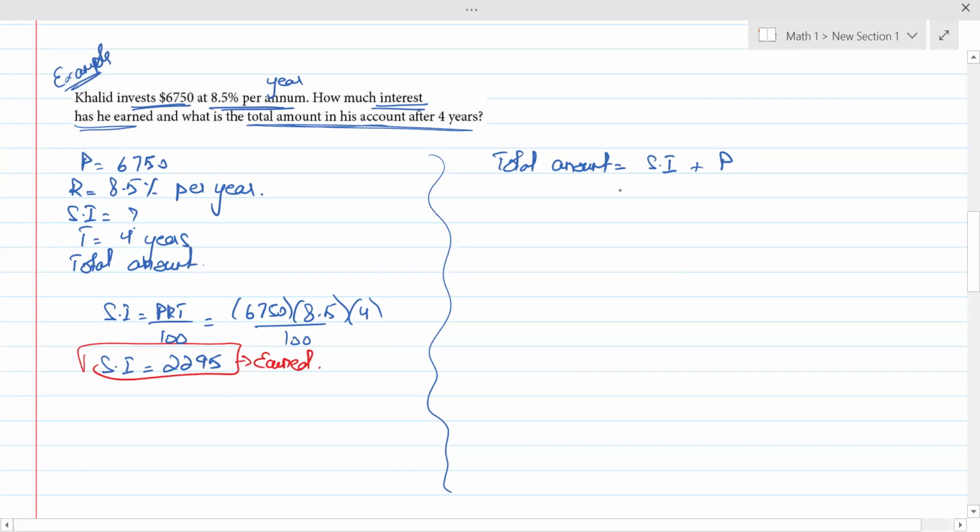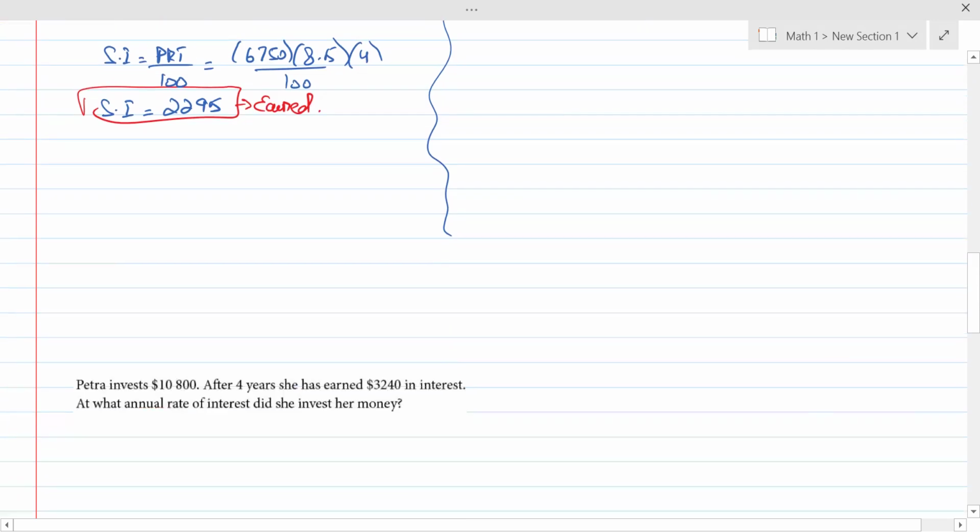Simple interest is 2295 and the principal initially invested was 6750. So 2295 plus 6750, we have 9045. So 9045 is the total amount in his account after 4 years. All right, moving on to the next question.